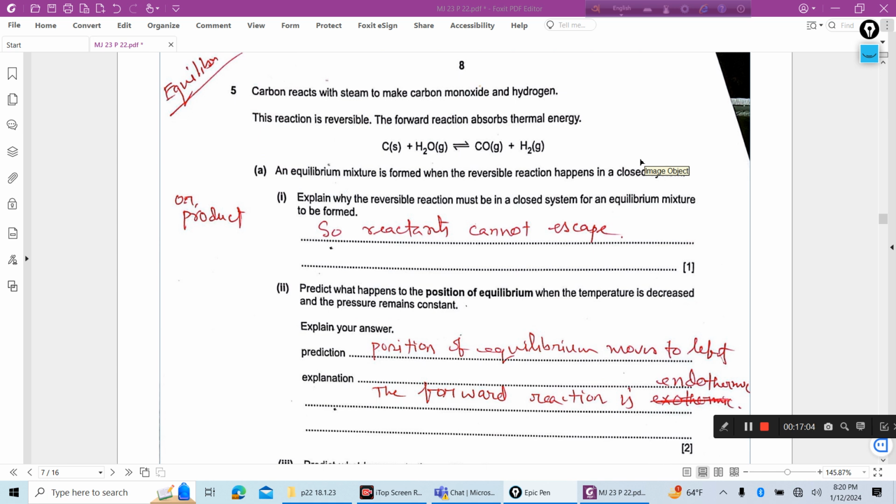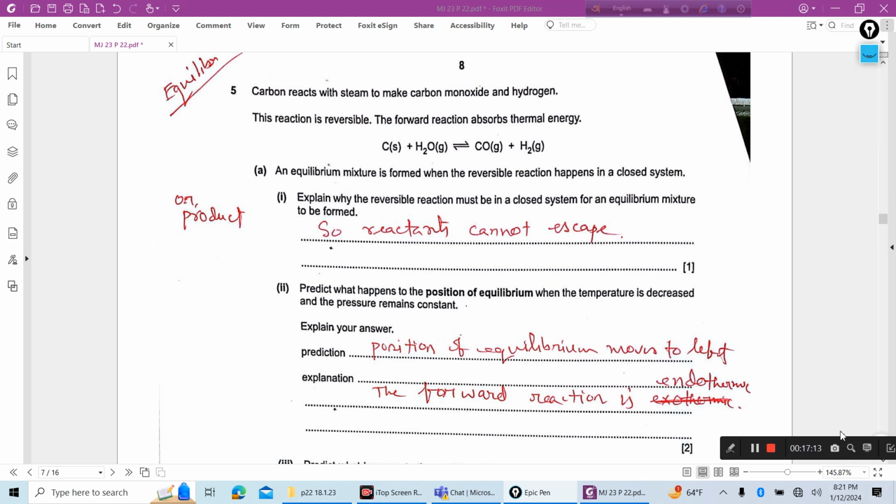Now question number 5. This is a reversible reaction. Carbon is solid, the others are gases.